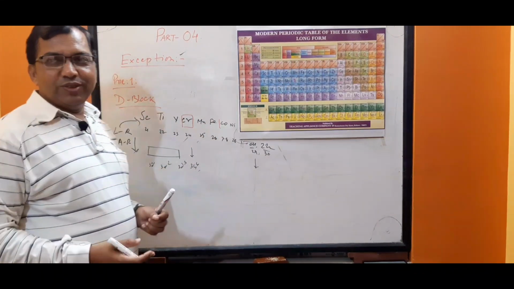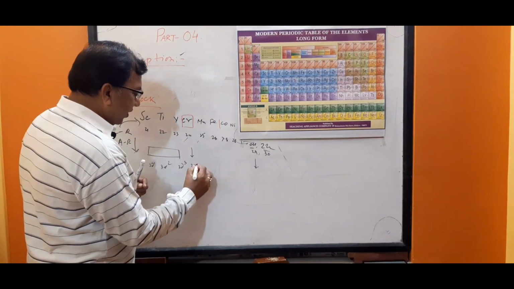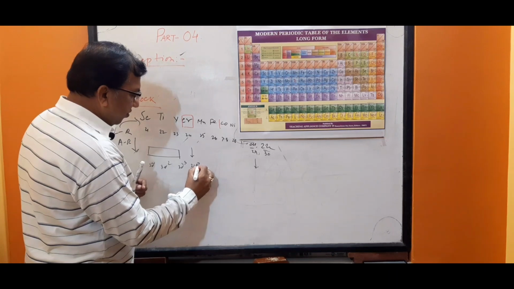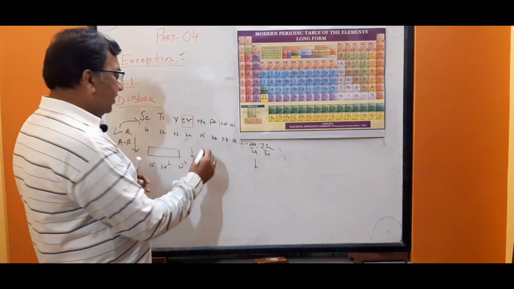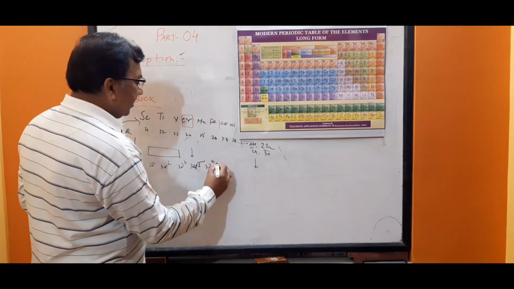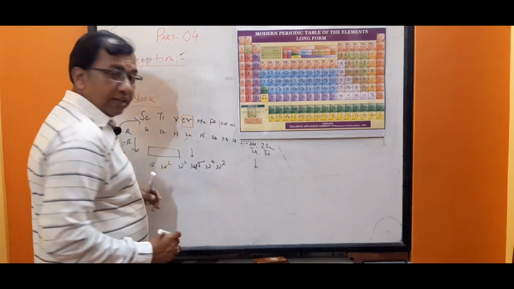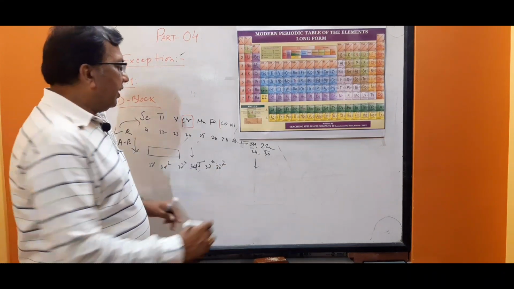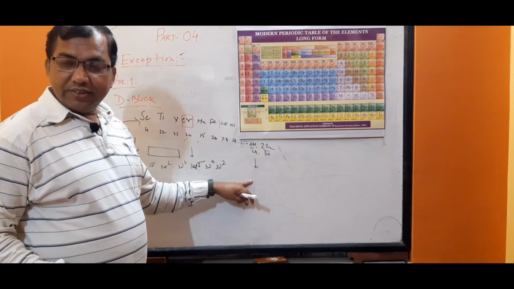This 3d4 will not be there. 3d5 is half filled d orbitals. 3d6, 3d7, 3d8, will 3d9 be there? No, it will not. 3d10, clear?